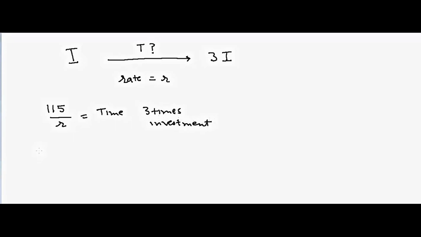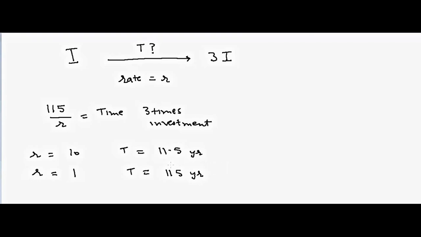For example, if the interest rate is 10%, then time will be equal to 11.5 years. This is the approximate time. If the interest rate is 1%, then time would be equal to 115 years.